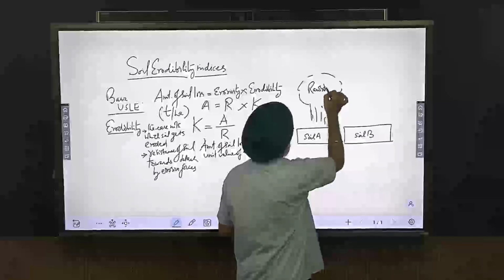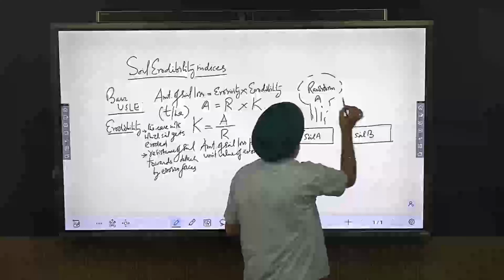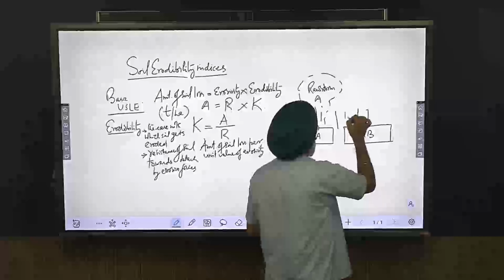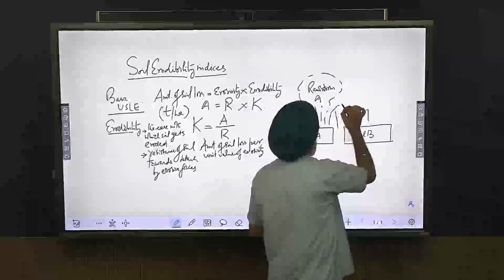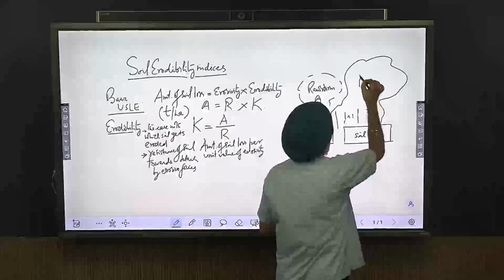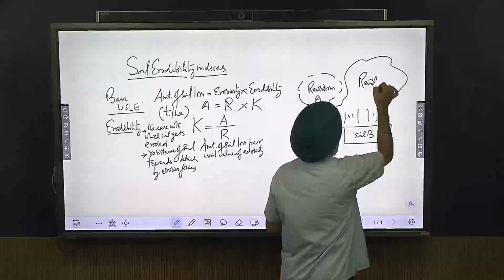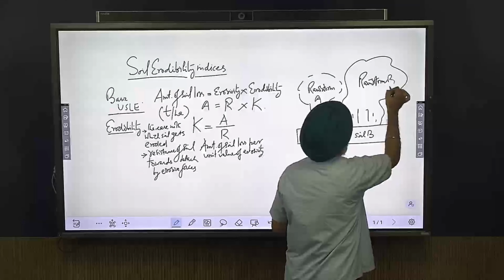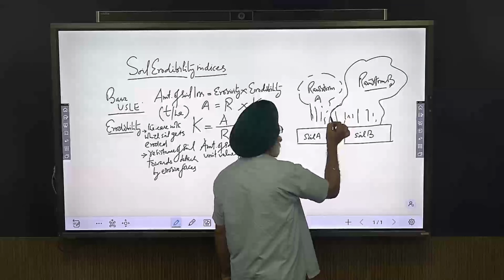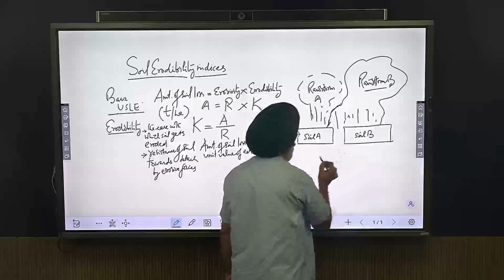So, this is rainstorm A, and here this is rainstorm B. Now this rainstorm B is falling on both these soils A and B.